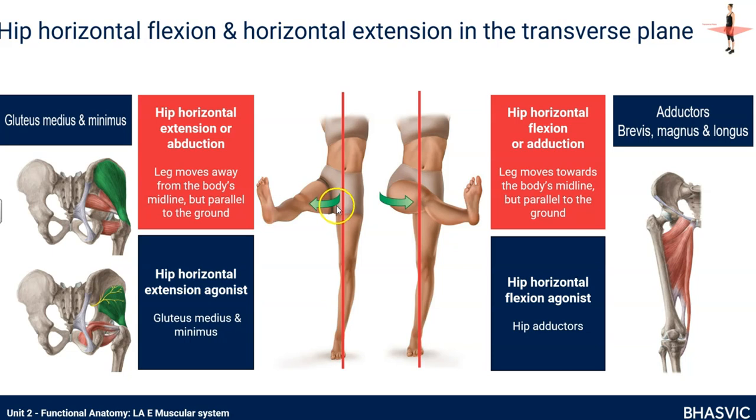Horizontal extension is movement away from the body's midline, but parallel to the ground. Horizontal flexion is movement towards or across the body, but parallel to the ground. And the adductors and the gluteus medius and minimus are the similar muscles that would cause this movement.